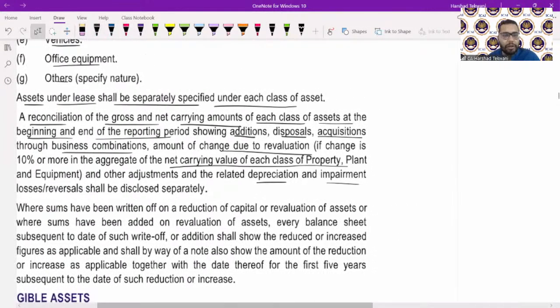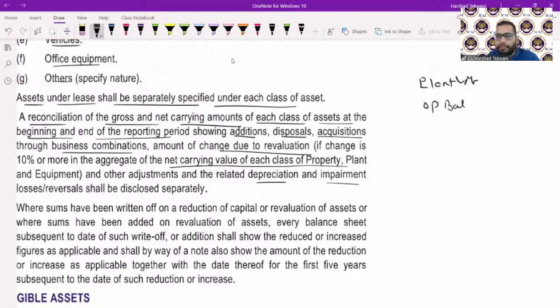What that means is simple: a reconciliation of gross and net carrying amount of each class of assets at the beginning and the end. Let's say it's a class of asset, let's say plant and machinery.